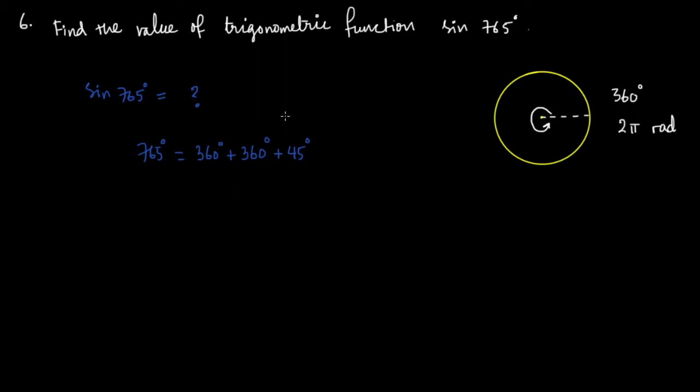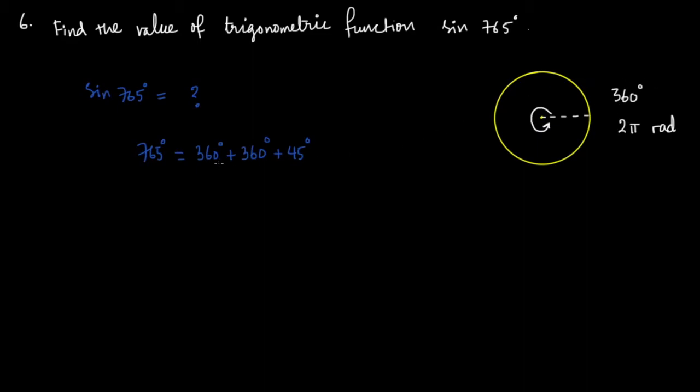So now we know that the value of sine 765 would be sine of 360 plus 360 plus 45 degrees. Okay, so again, like I told you, the value of trigonometric functions resets after a 360 degree revolution.